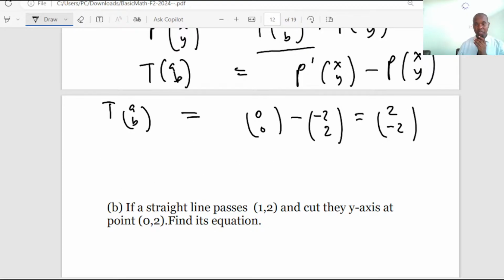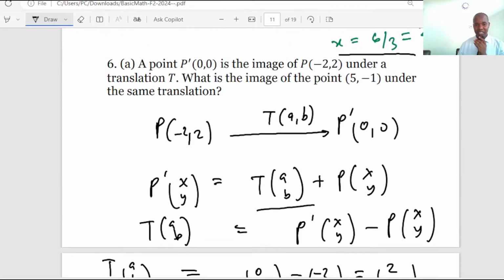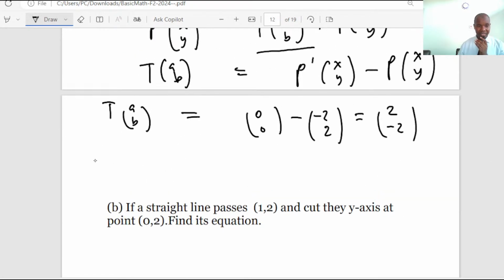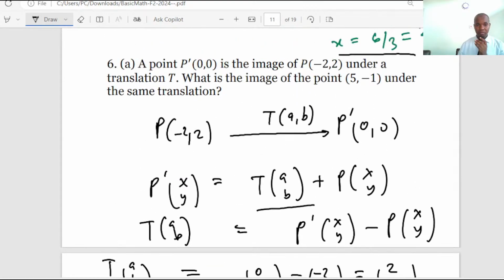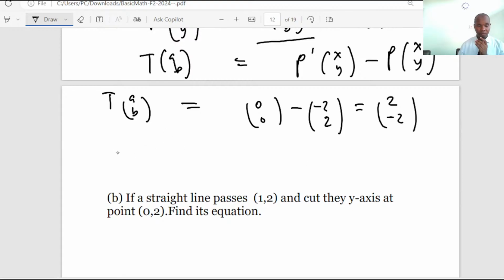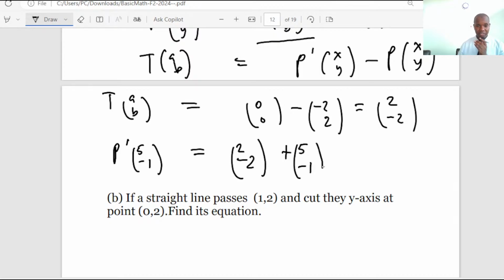So now we're looking for the image of point 5, negative 1. So P dash of 5, negative 1 now will be equal to 2, negative 2 plus 5, negative 1.